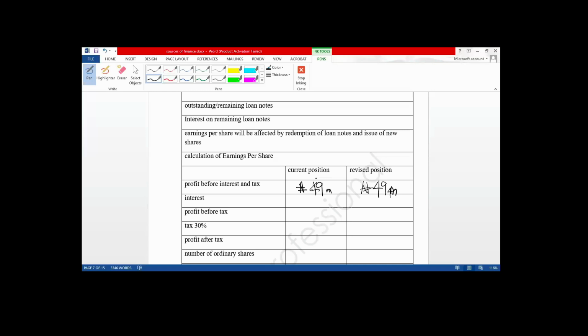Recall, if you are doing your cash flow statement under your FR, if you have to prepare cash flow statements, you have operating activities, you have investing activities, you have financing activities. From your operating activities, you are going to derive the operating profits, profits before interest and tax.